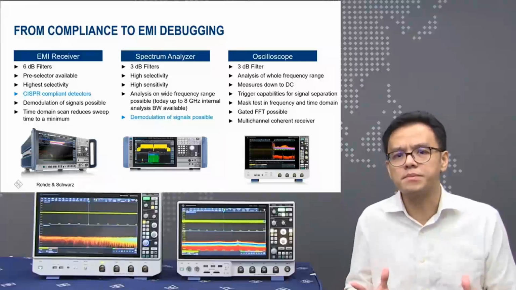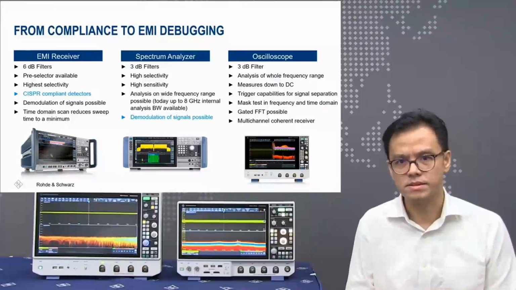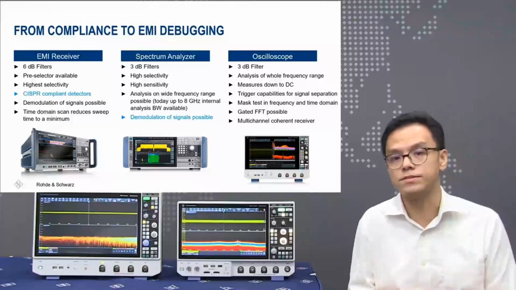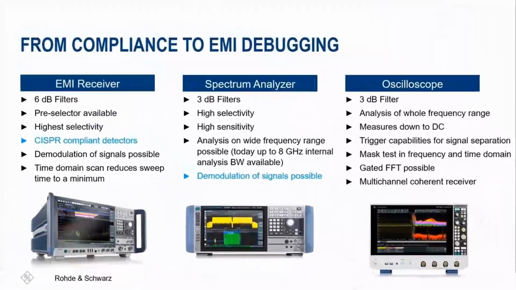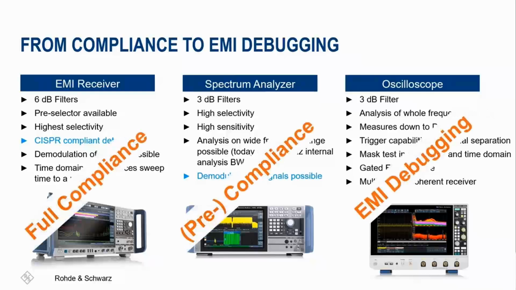However, if the lab setups are not compliant or not ideal, a spectrum analyzer can be considered, as it offers high sensitivity and frequency selection, albeit not on par with a receiver setup. But lastly, you can also consider an oscilloscope equipped with FFT and spectrum analysis capability, which is valuable for debugging. Of course, they have inherent noise and their limitations.